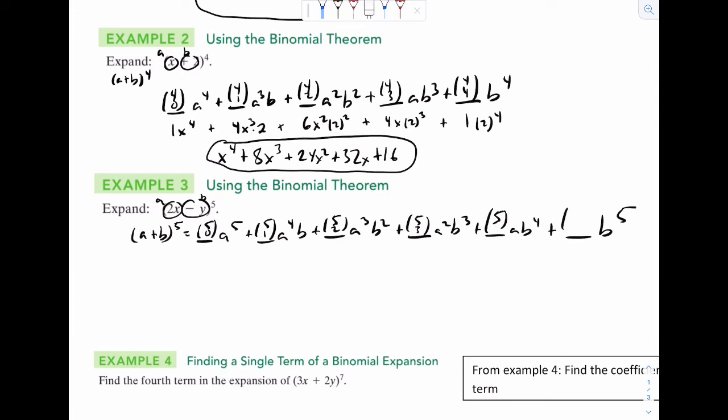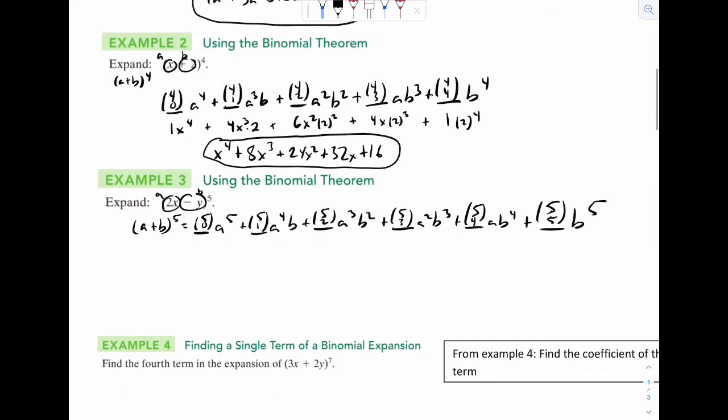Oh, forgot to put the 4. And 5 choose 5. Once you plug it into your calculator, you're going to get the following numbers: 1, 5, 10, 10, 5, 1.